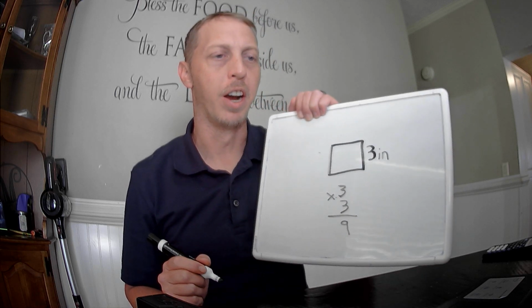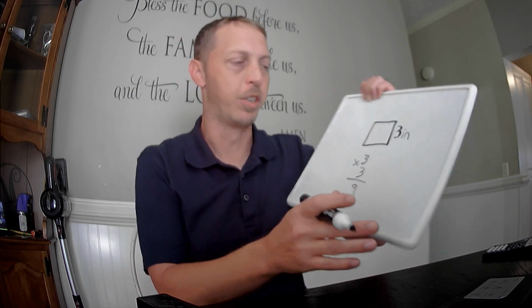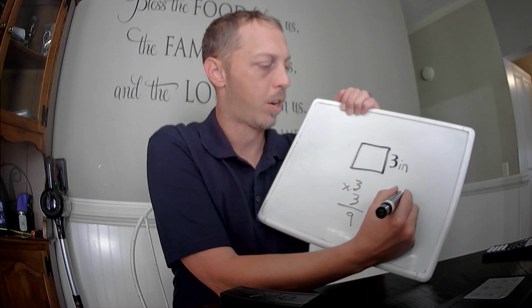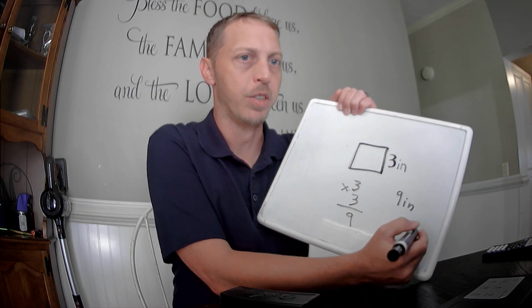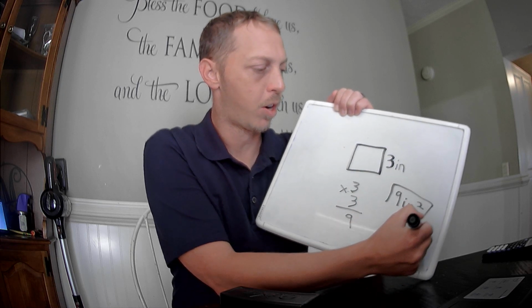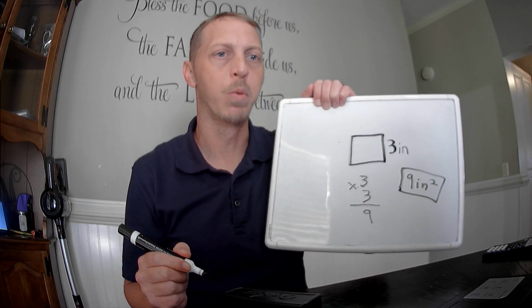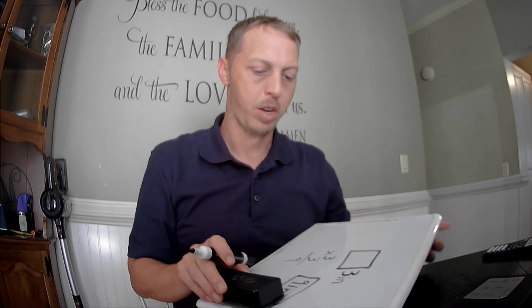But the answer is not 9, of course, because we have a measurement here, inches. So this will end up being 9 inches squared. That is the surface area of a square. That's how you perform that.